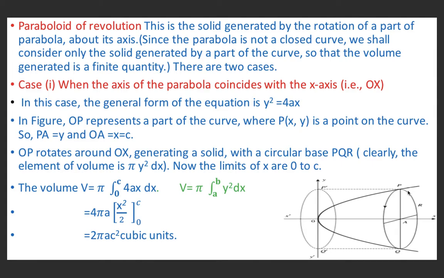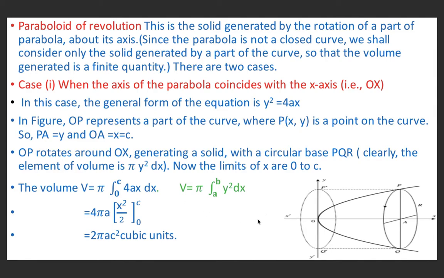Suppose PA is equal to y and OA is equal to x. Suppose we take it to be C, because we are considering only the part of the parabola, so that we get a finite quantity. Our volume is finite.